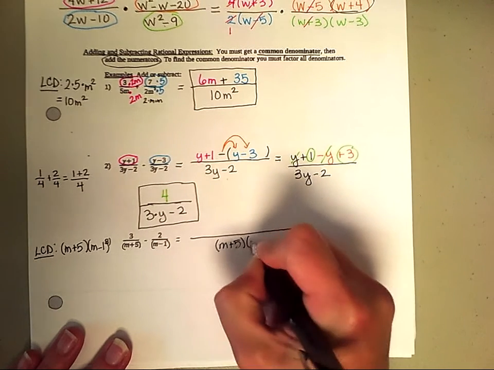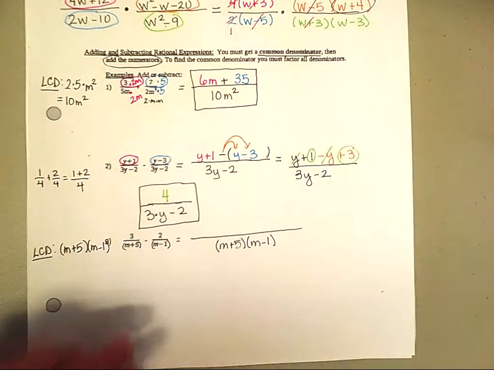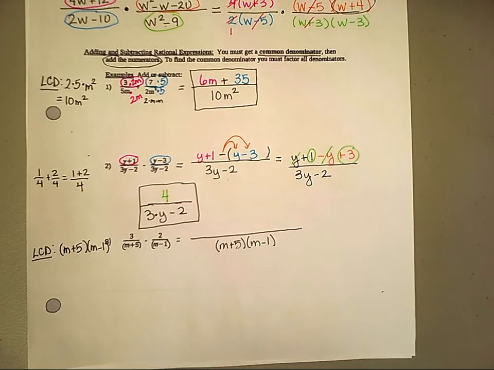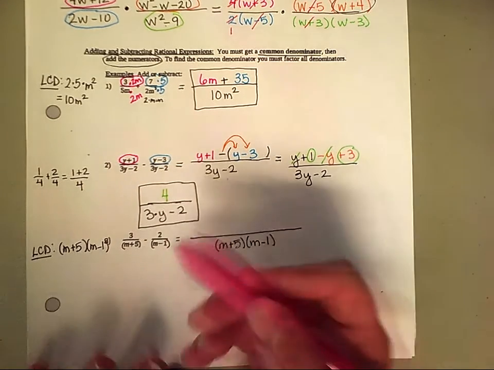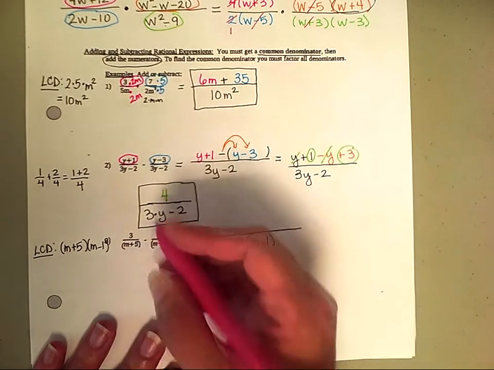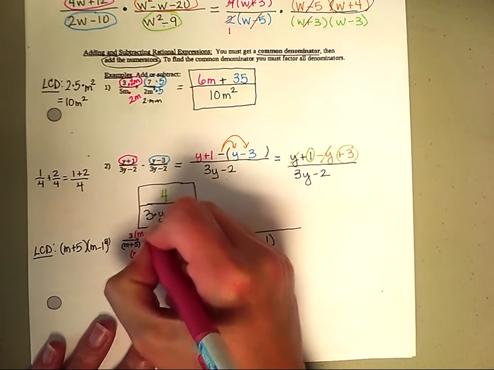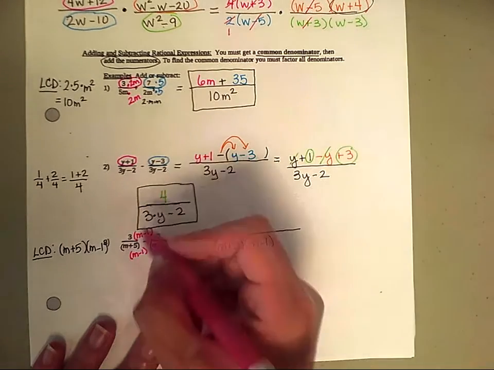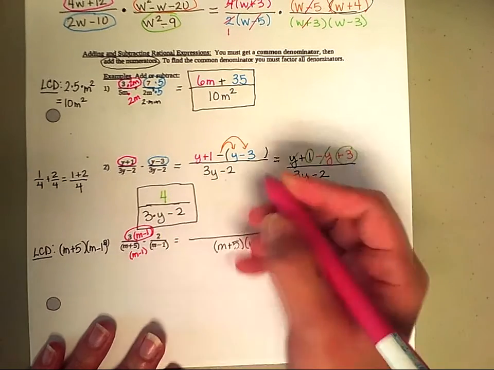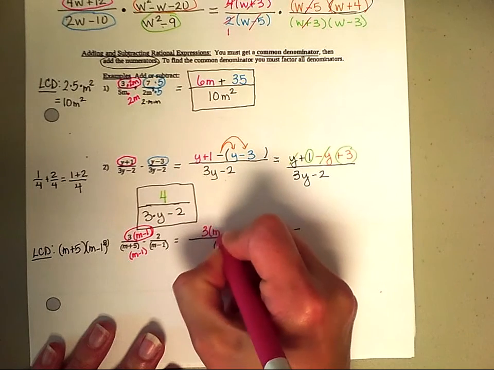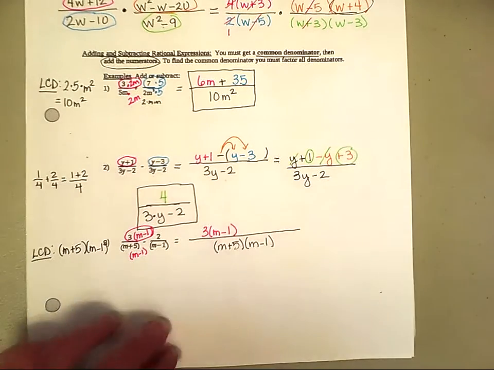m plus 5 times m minus 1. Now, to get to m plus 5 times m minus 1, I have to multiply by m minus 1 on the top and the bottom. So our numerator up here will look like 3 times m minus 1.